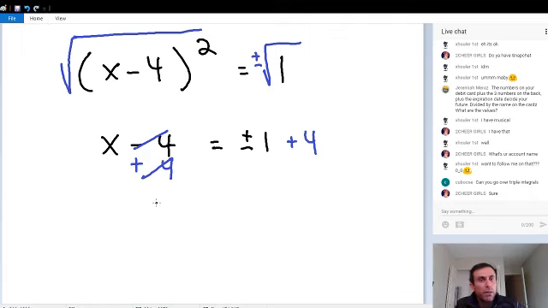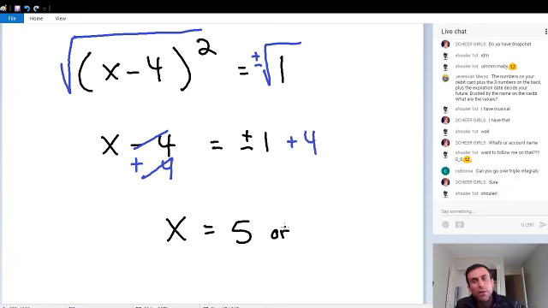So the only thing we're left with is x. And we have plus or minus 1 plus 4 on the right-hand side. All right, so we have a positive 1 plus 4, which is equal to 5. And we have a negative 1 plus 4, which is equal to 3. So x is equal to 5 or 3. There are two solutions to this problem.